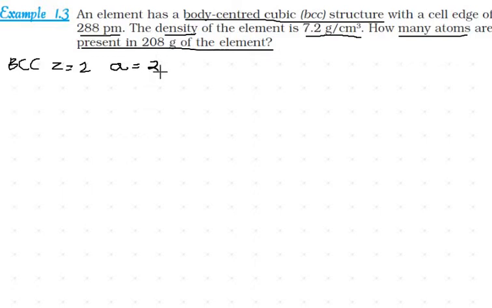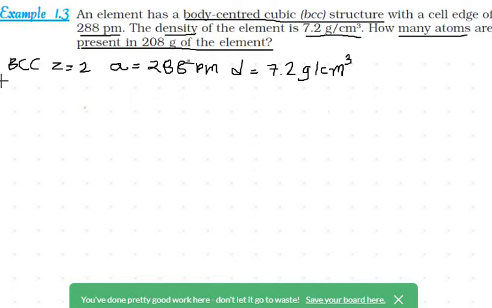288 picometer. A is equal to 288 picometer. It is given in picometer, please note, while density is given in gram per centimeter cube.